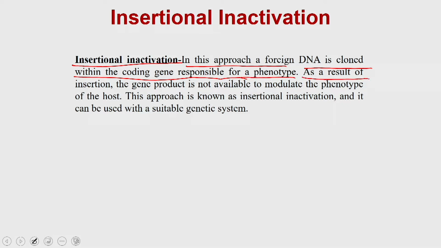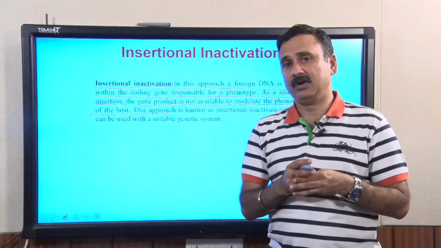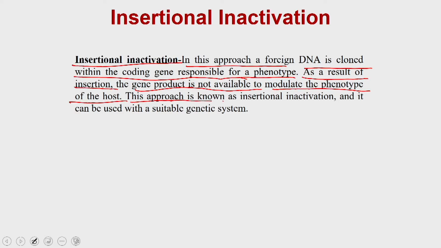As a result of the insertion, the gene product is not available to modulate the phenotype of the host. In the control conditions, the host will show you the modified phenotype, whereas if insertional inactivation happens, it is not going to show that phenotype, and as a result you can select the molecules. This approach is known as insertional inactivation, as it can be used with a suitable genetic system.